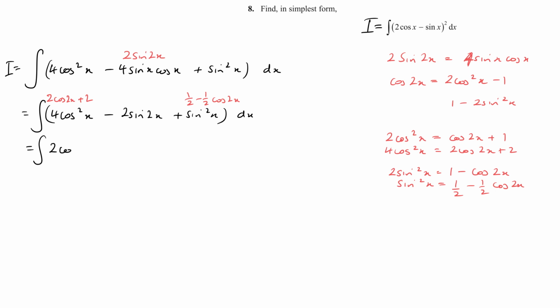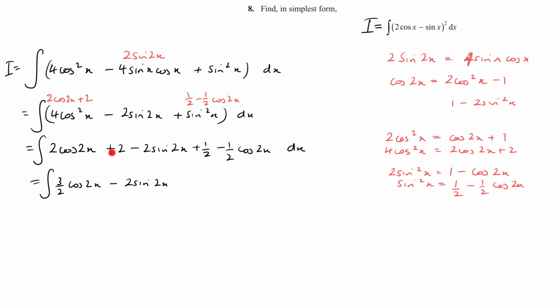We've got 2 cos 2x plus 2, minus 2 sine 2x, plus the half minus a half cos 2x. Now we've got 2 cos 2x minus a half cos 2x, so that's 3 over 2 cos 2x minus 2 sine 2x, and then 2 plus a half, so plus 5 over 2, dx. So that's what we got.